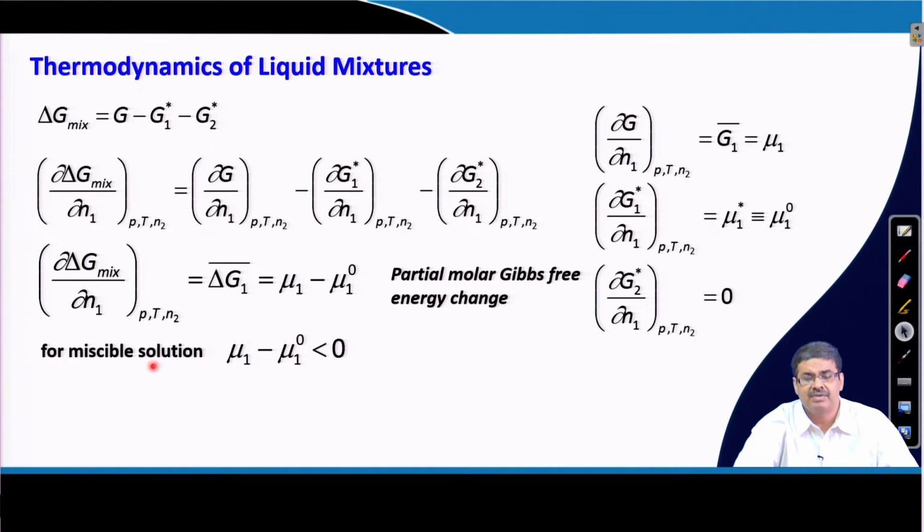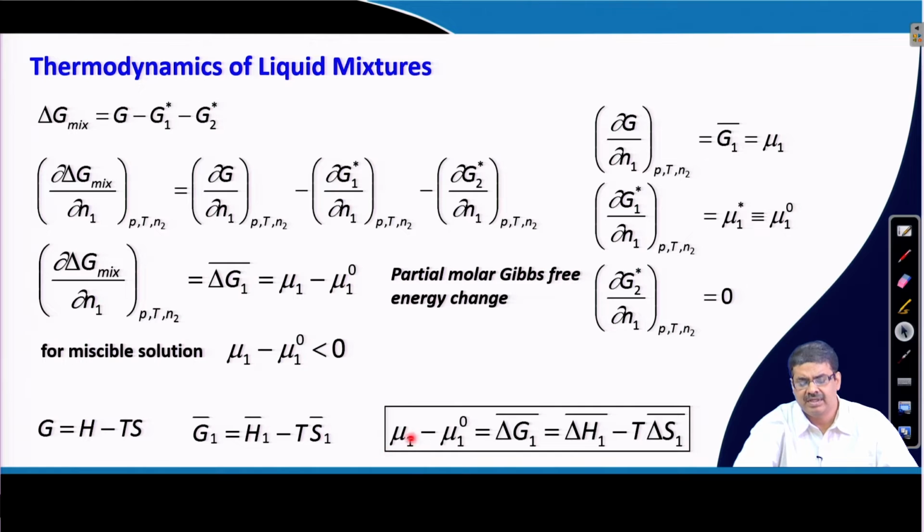So, for a miscible solution, we must have this quantity less than 0. We also know that G is given by H minus TS, H is enthalpy and S is entropy. So, the partial quantities can also be expressed at constant temperature in terms of partial molar enthalpy change and partial molar entropy change of the solvent.